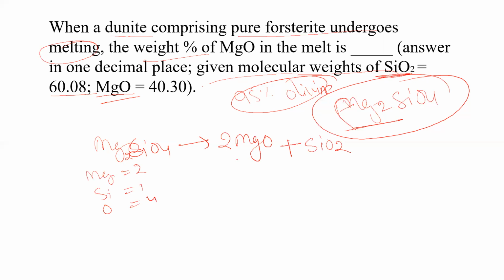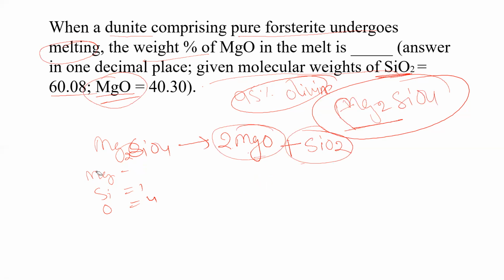Now see the right hand side. How many Mg? 2. Oxygen is 2 here and 2 here, so this becomes 4, and silicon is as it is, 1. So the equation is balanced. And now we have got according to them, but the actual products are these, and we have to calculate the weight percentage of MgO.